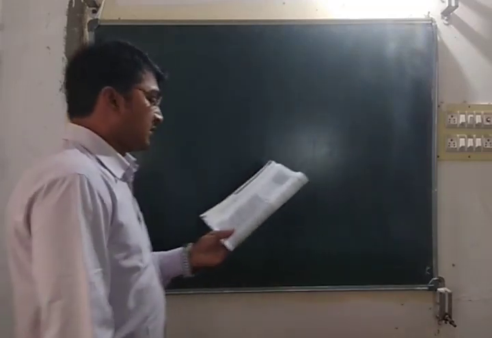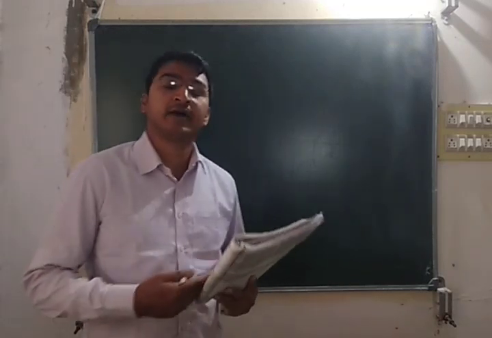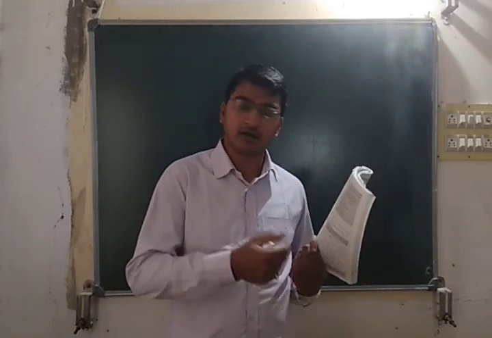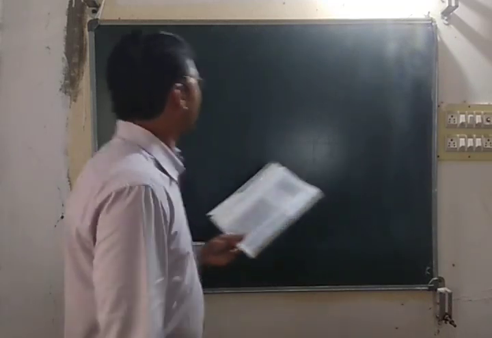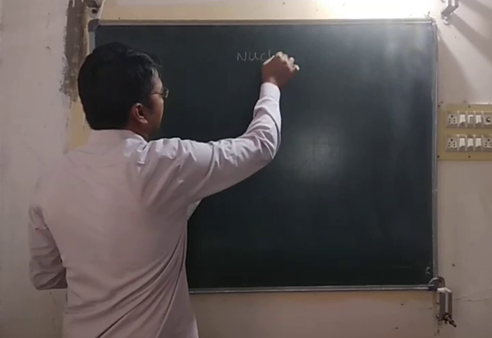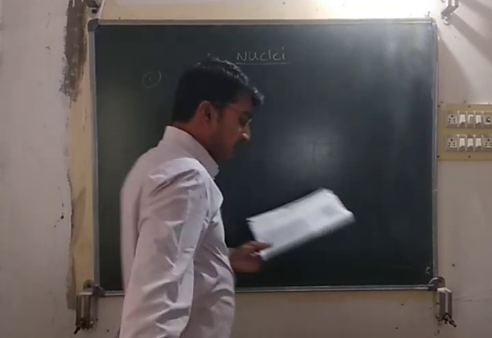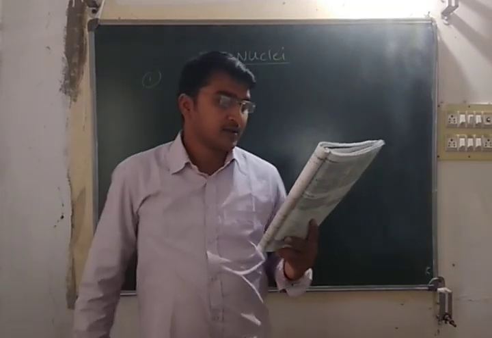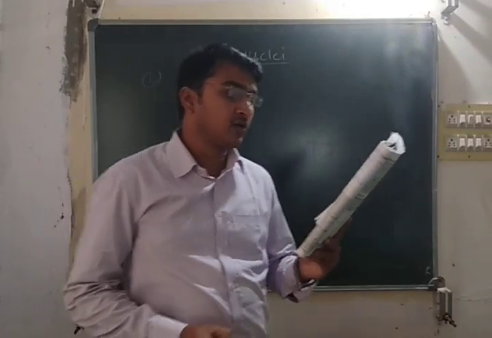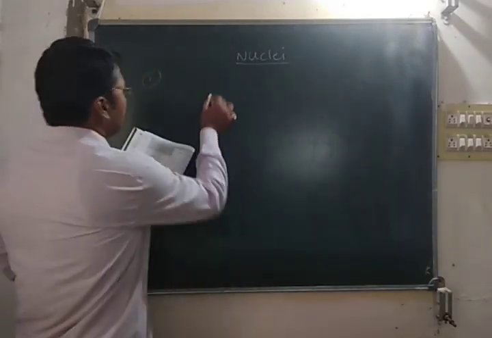In our manual, in the second exercise, a few problems are theory, a few are explanations and a few are numericals. Let's see the first question in the second exercise: complete the equation for the following fission process.